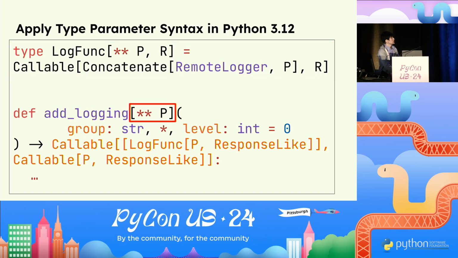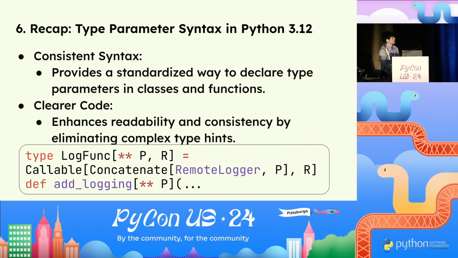Before, we also had to put ParamSpec P here, but now we can use P as a ParamSpec directly. It's very good. We can reduce unnecessary lines, and we don't have to think about naming within the scope.